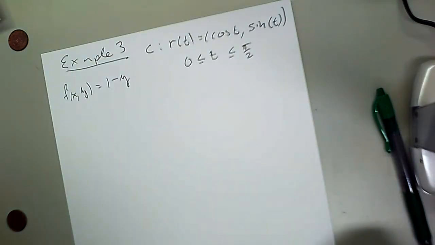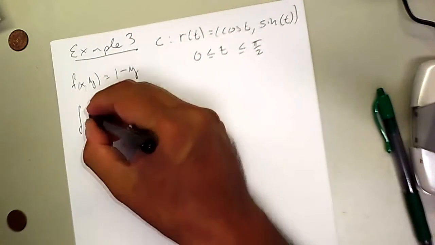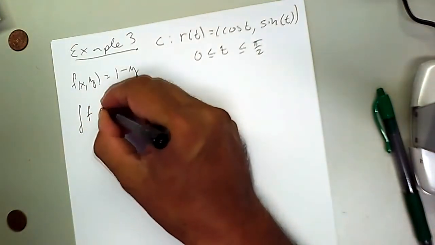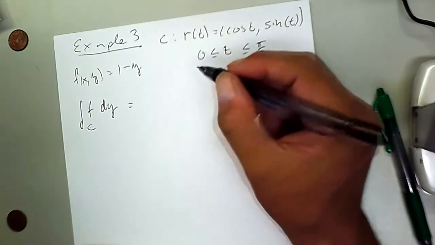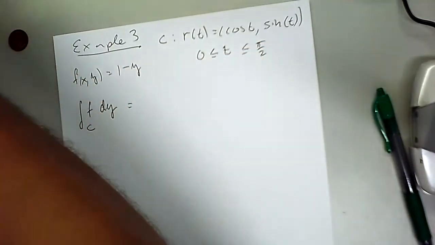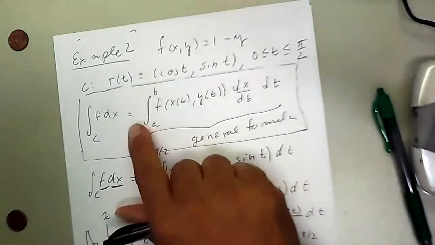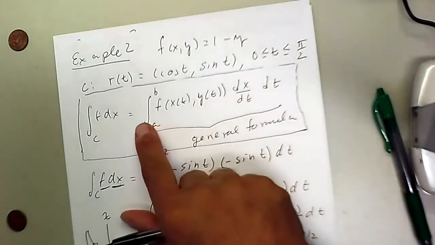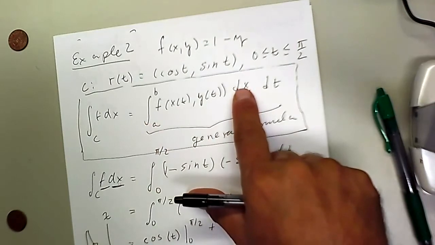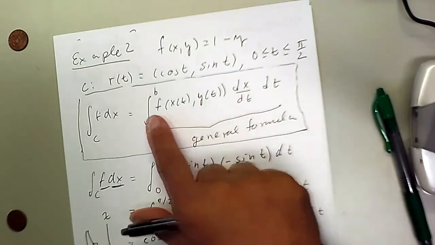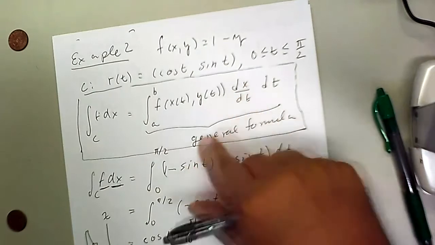And so the integral of f with respect to y on the curve is going to be similar to this. I don't think I need to rewrite that. You can find this in any book, except that we're going to multiply with dy/dt. So the function times dy/dt dt.